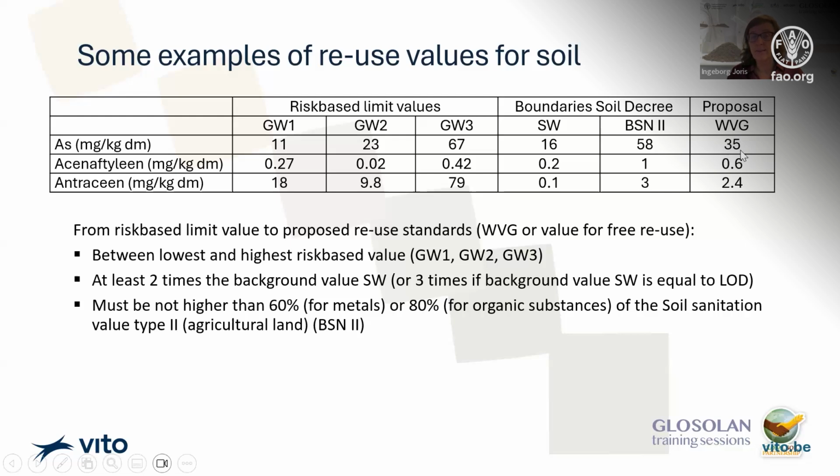You can see that this is a safe value, looking at our risk-based limit values, and it fits into the soil decree. This evaluation or assessment then is a bit different for different compounds. So I've just given 3 examples here. So this is another application of the transport calculations in soil to feed into the soil decree actually.